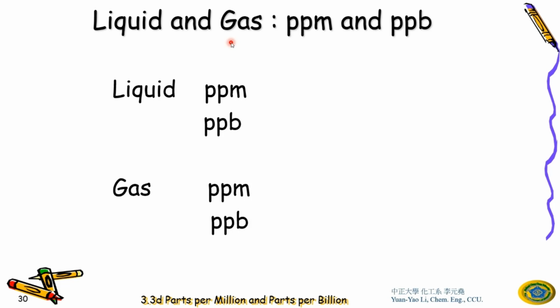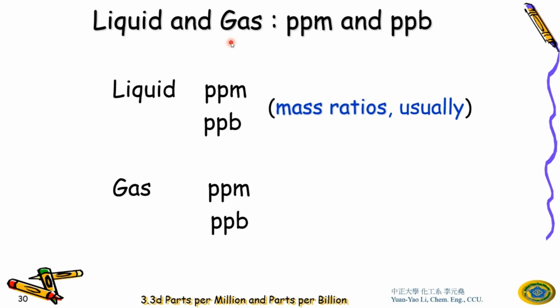So once you have something in liquid and you want to describe it in ppm or ppb, normally we use what? We use mass because we don't use volume. Why? Because volume will change when temperature changes. So you don't want to use volume to express the concentration.